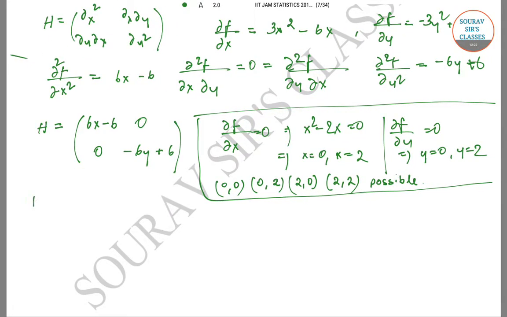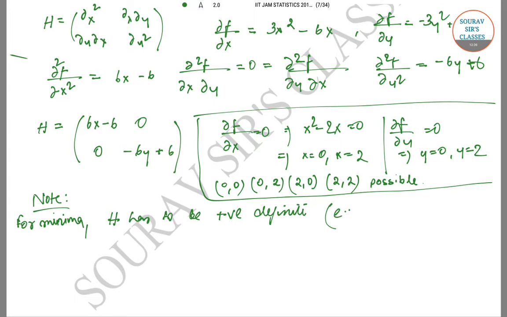Note, for minima, the Hessian has to be positive definite. The meaning of positive definite is all eigenvalues have to be positive strictly.